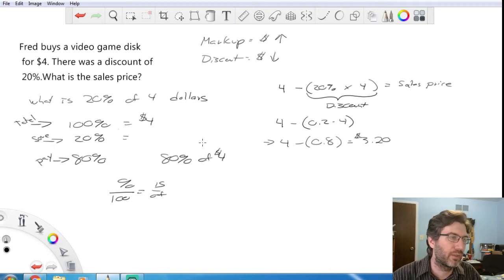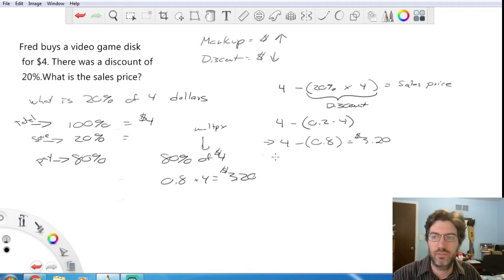Or you can just remember that of here means multiply. In that case, we don't deal with the percent. That'll be 0.8 times 4, which gives you that $3.20 as well. So that's just another way of saying it. He didn't buy it for $4.